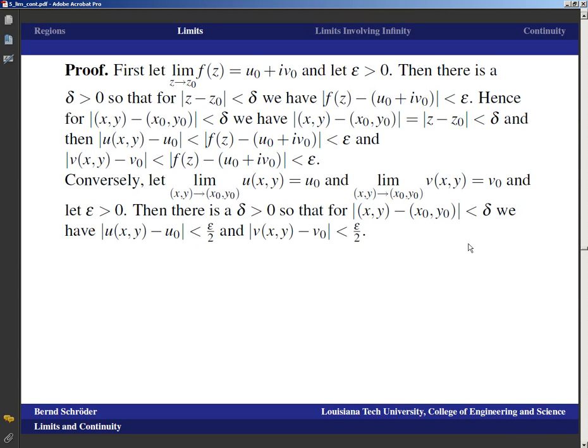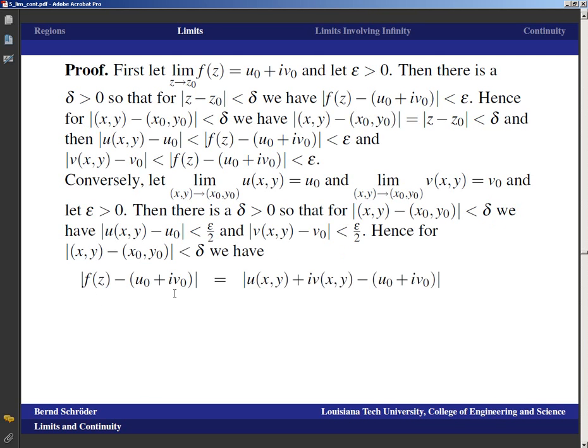Remember, in the first proof we did for the uniqueness of the limits, I worked with a delta 0 and a delta 1 and then chose the minimum. Well, this delta is basically the minimum of a delta u for u and a delta v for v. Okay, hence for |(x,y) minus (x0,y0)| smaller than delta, we have the following. |f of z minus (u0 plus iv0)|.